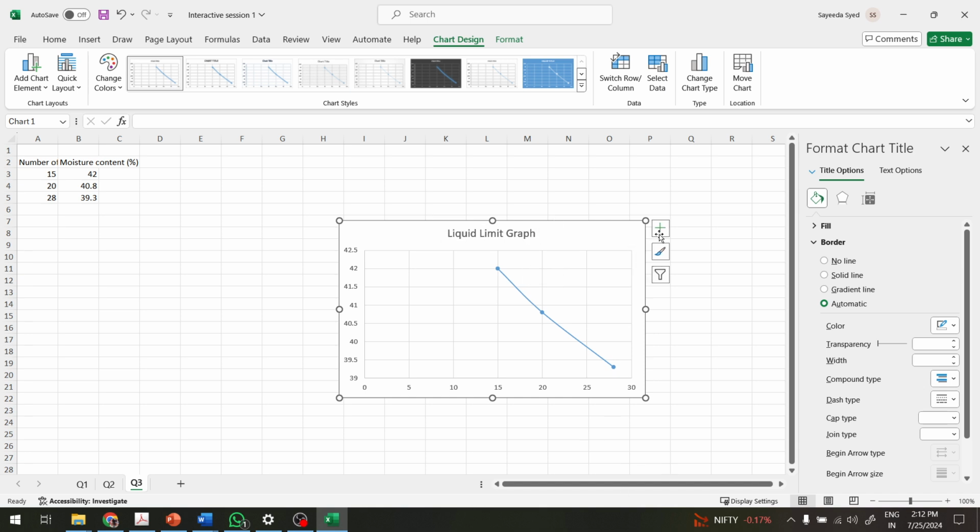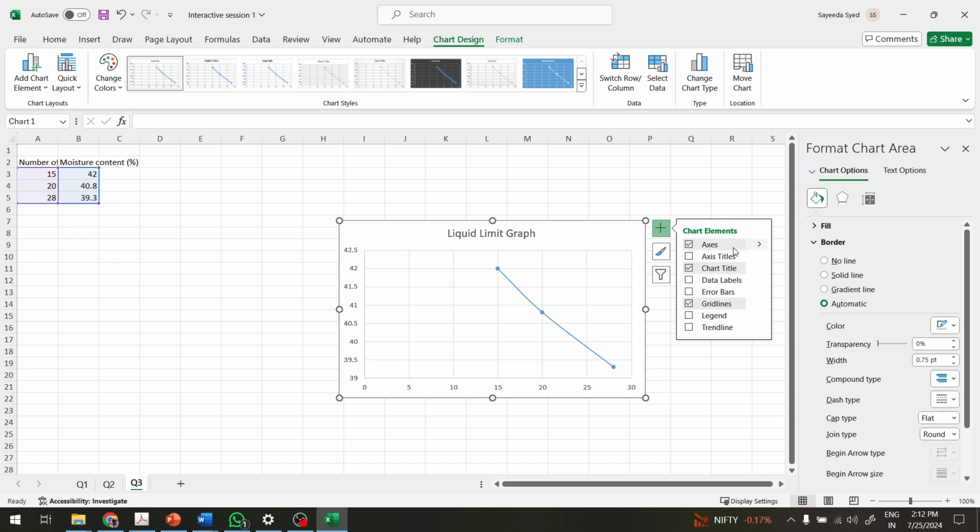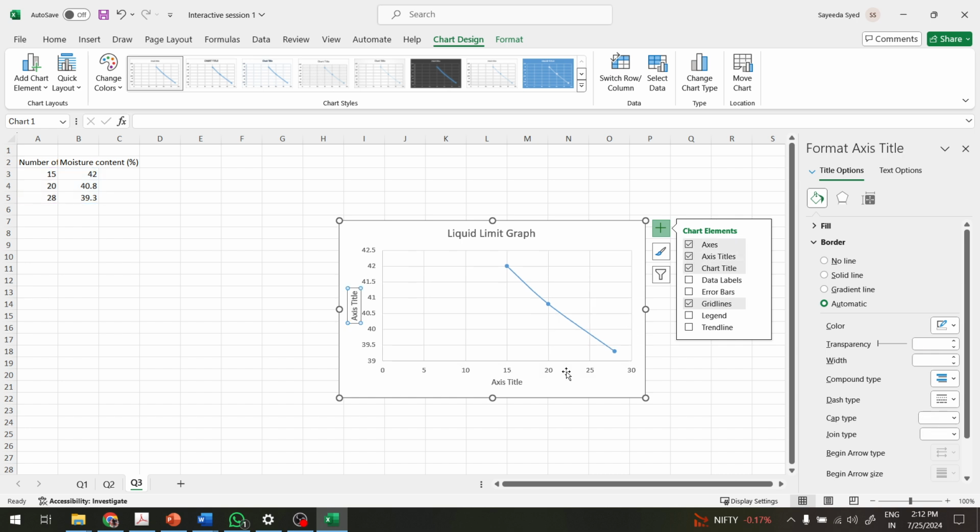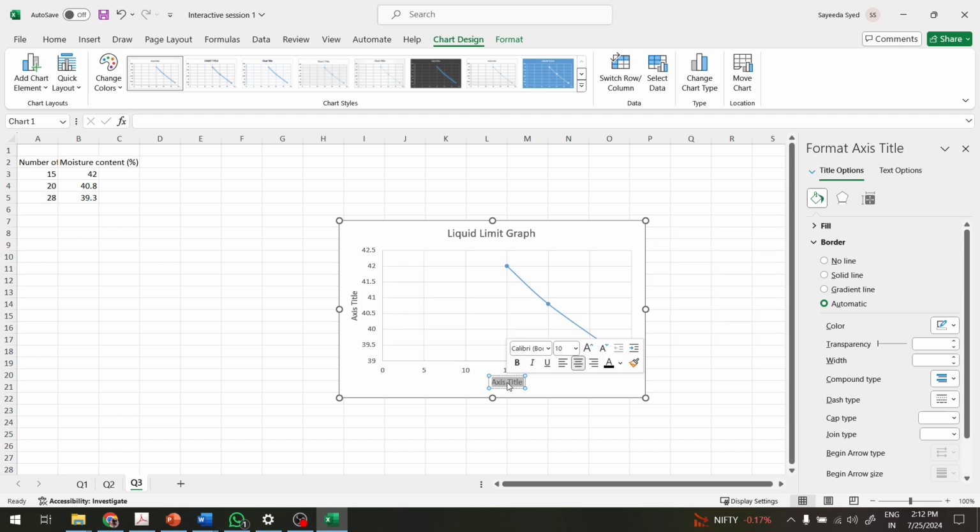Let us do one thing so that you don't get confused. Let me add axes titles. This is, sorry, number of blows, and this is moisture content in percentage.